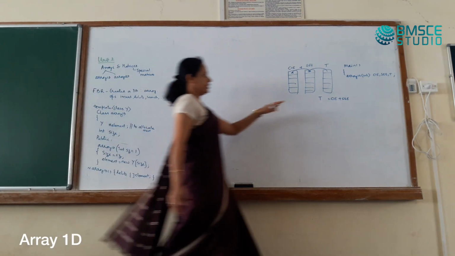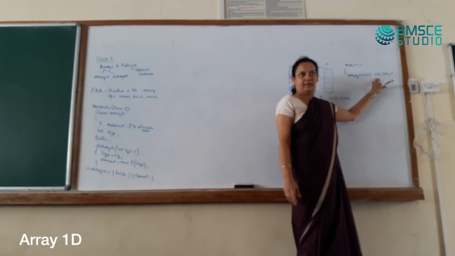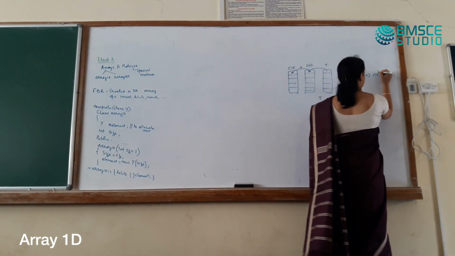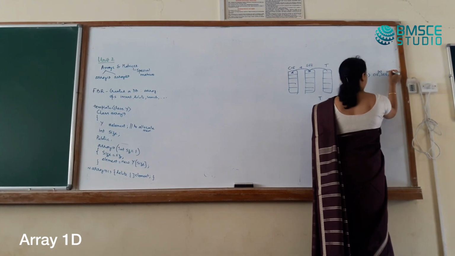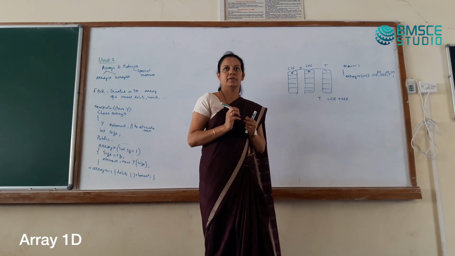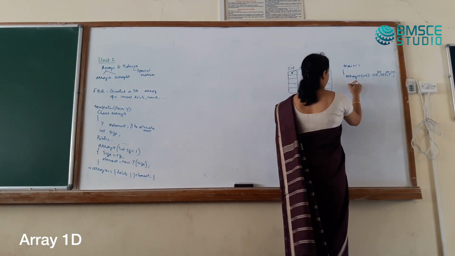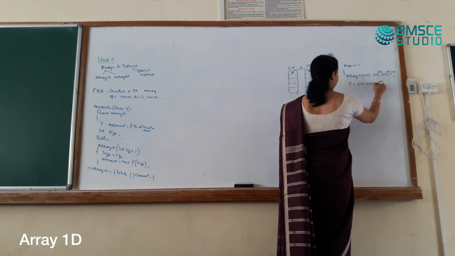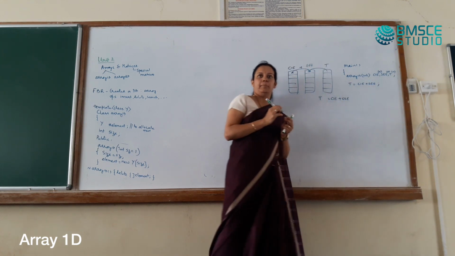As a user, I should have been more careful in specifying the size. So let me say I am creating arrays of size 10, 10, 10. Now, I want to say T is equal to CIE plus SEE. I want that to be compiled.